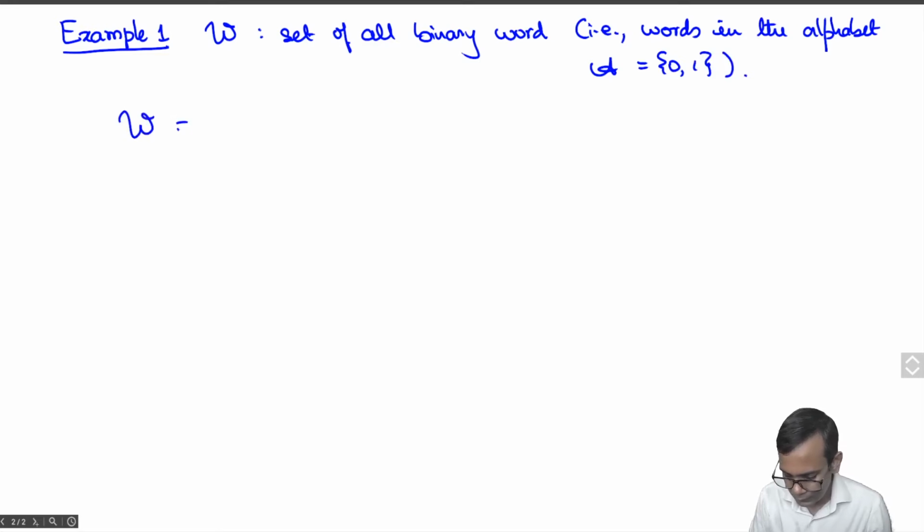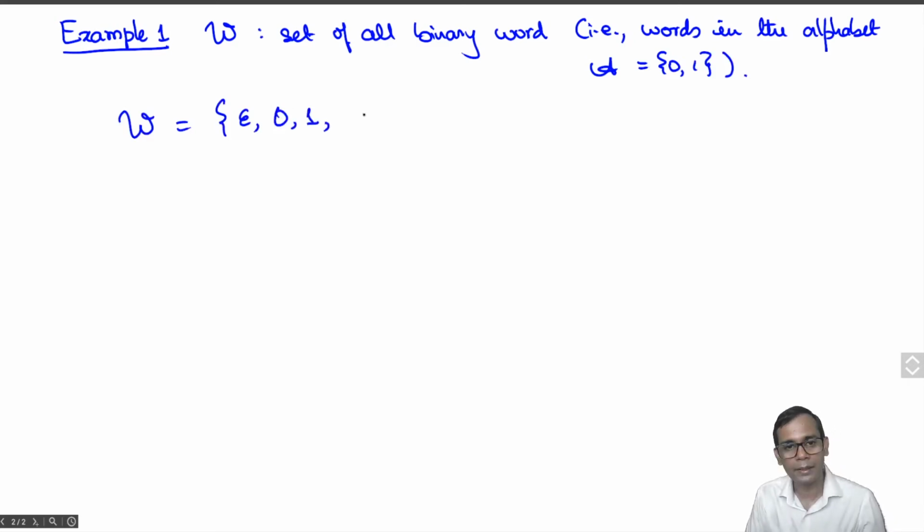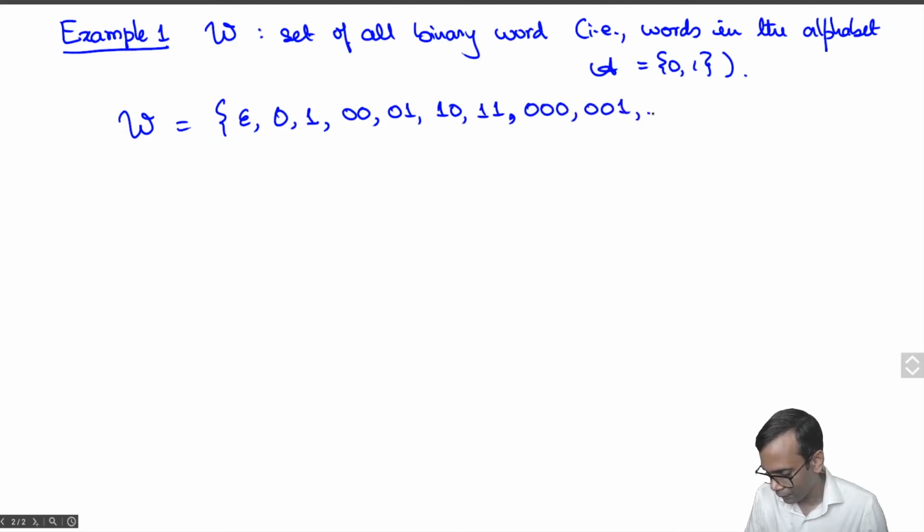So this W consists of, firstly, the empty word, which is usually denoted epsilon. Then there are two words of length 1, 0 and 1. There are four words of length 2, namely 00, 01, 10, 11. And then there are words of length 3. There are 8 of them. And you can go on.